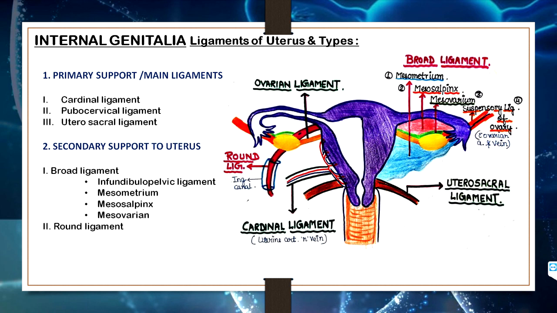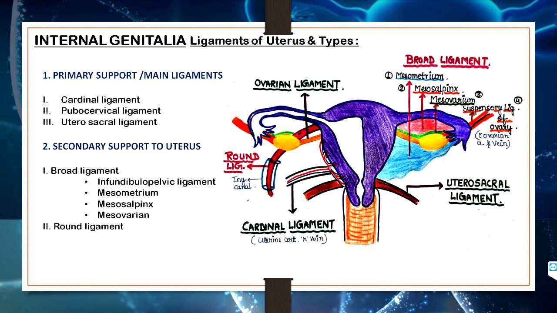So broad ligament has been divided into four parts. First is infundibulopelvic ligament, which is also called suspensory ligament of the ovary. This is the part of the ligament which connects the infundibulum. As you can learn easily, infundibulopelvic means infundibulum.